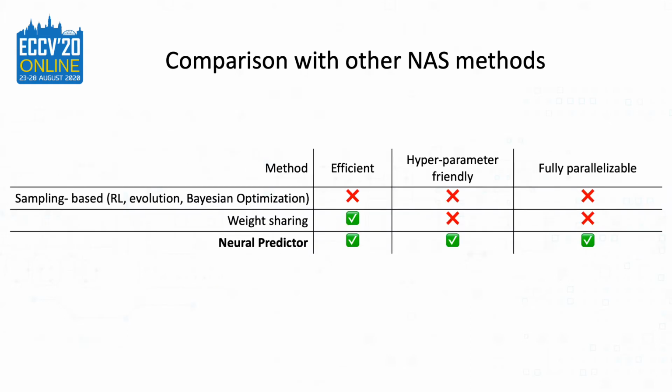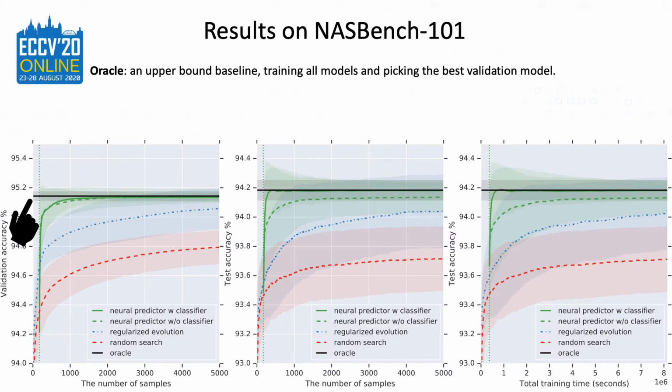In summary, comparing with previous work, our method is hyperparameter friendly and fully parallelizable, and we'll show soon that Neural Predictor is also efficient. Results on NASBench 101. To evaluate our method, we adopted some reasonable baselines.